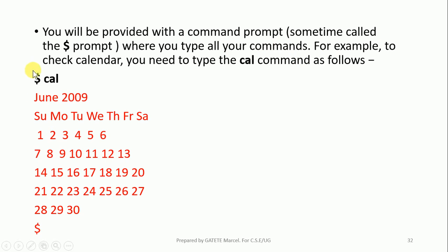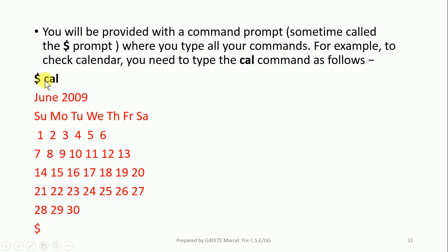For example, to check the calendar, you will need to type the cal command. So after logging in, you will have a prompt like this one, with a cursor. Anything you type on that command prompt will be interpreted by the shell. And if you type the command wrongly, you will be shown an error message.